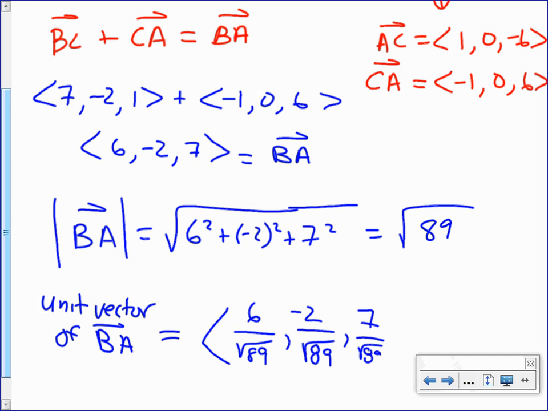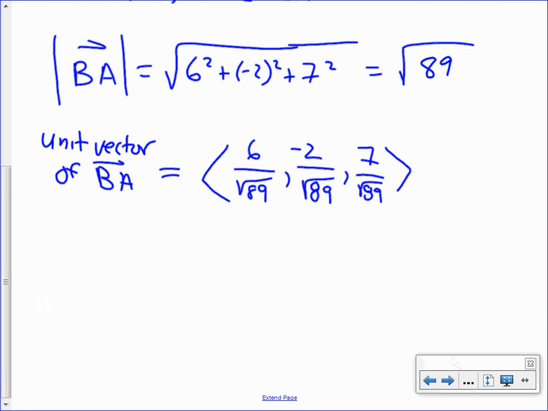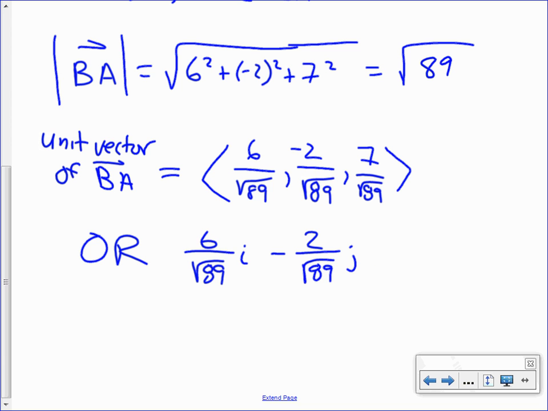Did it ask for ijk form? Or 6 over root 89 i minus 2 over root 89 j plus 7 over root 89 k. So you have to write plus minus. Yeah.